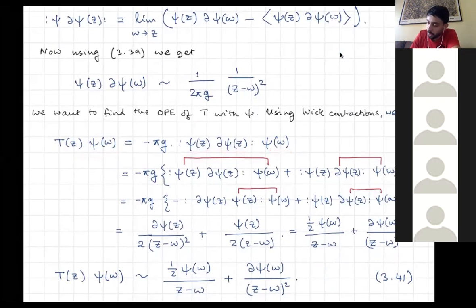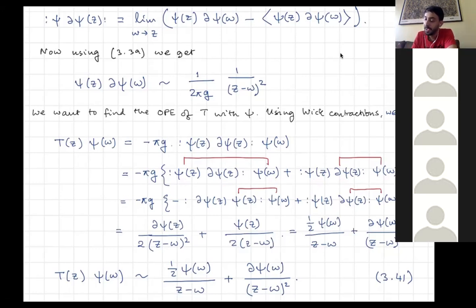Now you have to look at contractions again. The first one is psi goes with psi and the del psi is left over, and here del psi goes with psi, and this is left over.